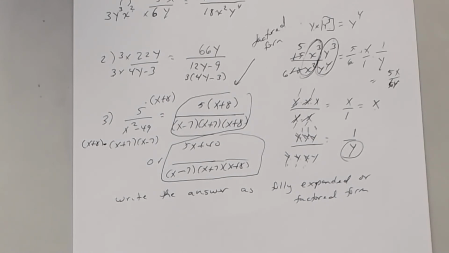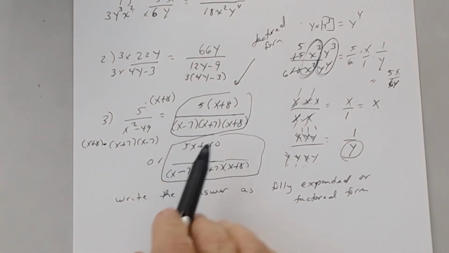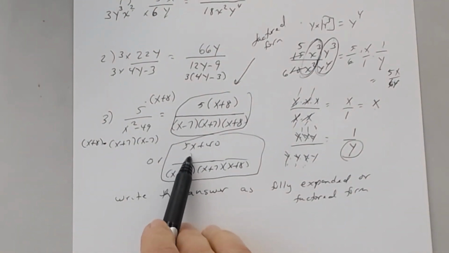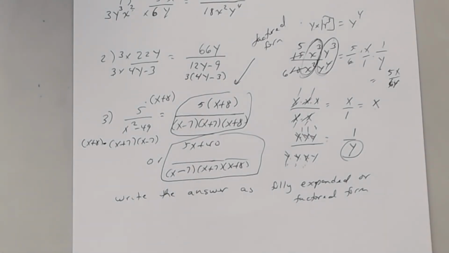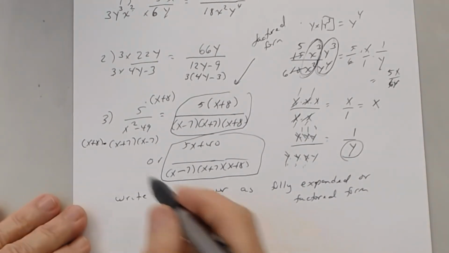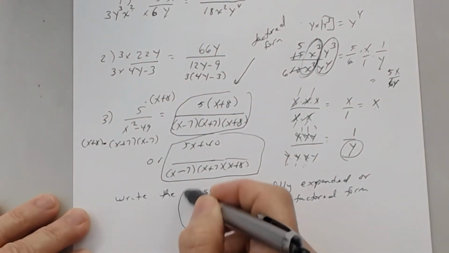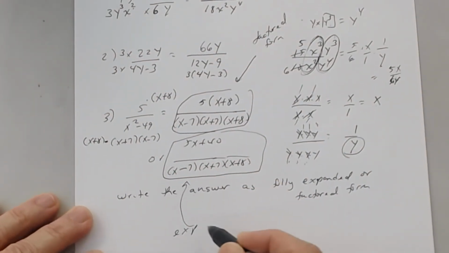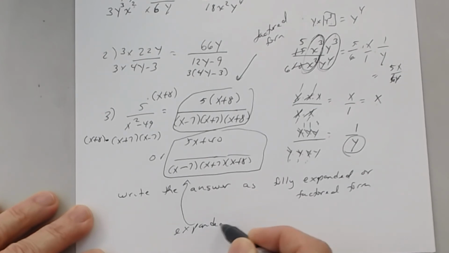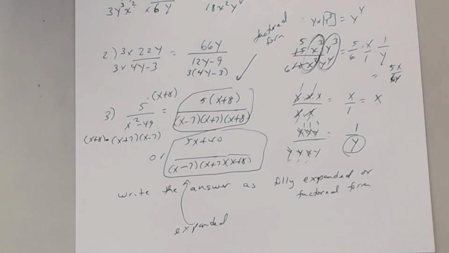The second one. That's where you use a distributive property in the numerator, so you wrote it as 5x plus 40. You agree that 5x plus 40 is no longer factored, right? So that's called expanded. All right, so this is expanded form. So just be aware that they do have those instructions, but it doesn't matter which one you write it as.